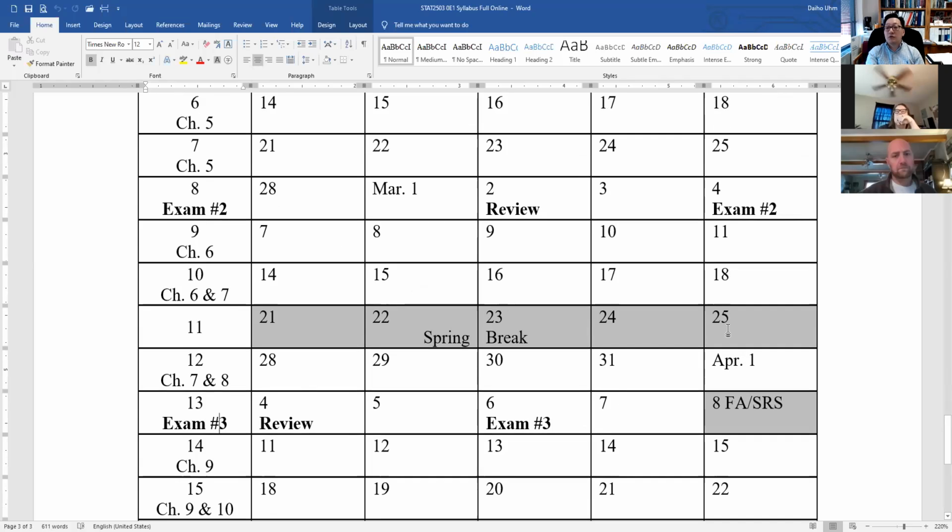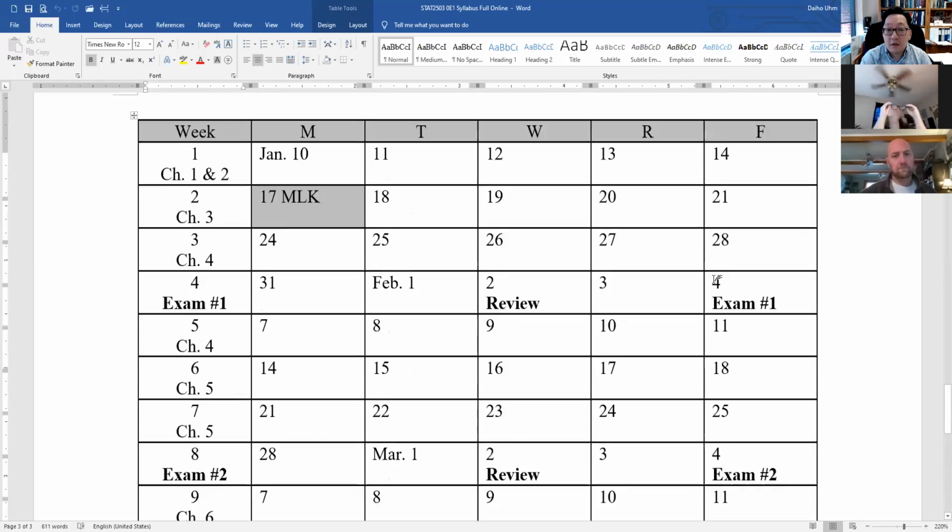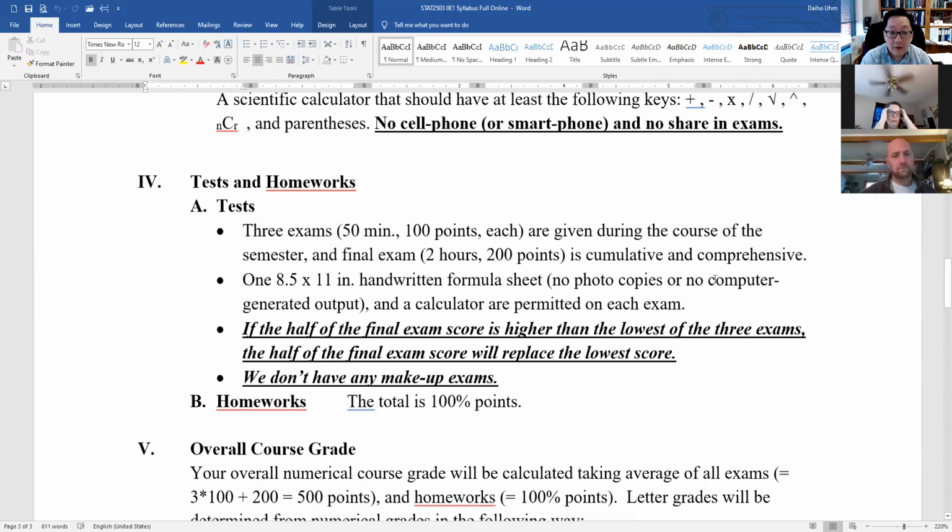Exams number 1, 2, and 3 are not cumulative. But the final exam, in the final exam week, will be cumulative. And just before the final exam week, we are going to review everything from the first one to the last one.